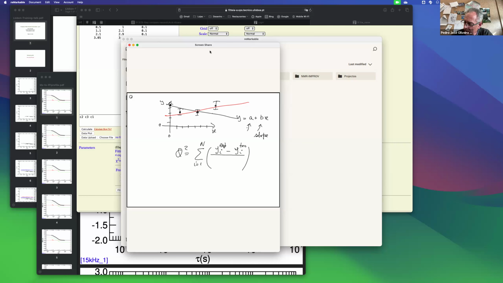And eventually we can give some weights. We can say that the importance of this difference is weighted with respect to the uncertainty of the experimental point. And I do that to the square.